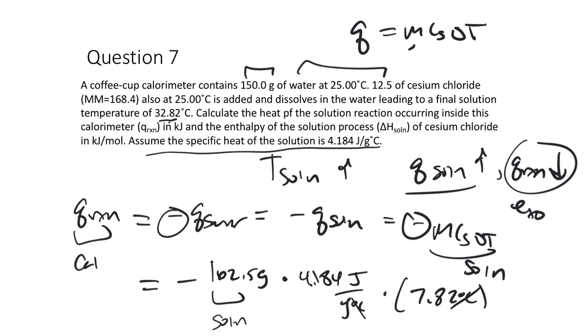And so I'm also going to do a quick conversion into kJs, so 1,000 joules per kilojoules, because we're told to calculate this Q reaction in kJs, and so I do this math here, so negative 162.5 times 4.184 times 7.82, divide by 1,000, go to kJ, so that's negative 5.32.